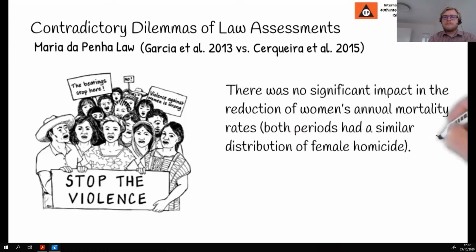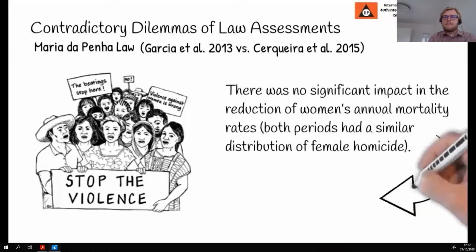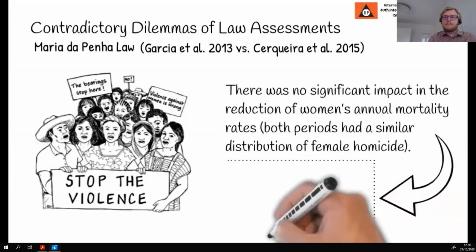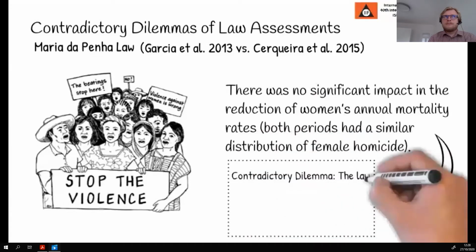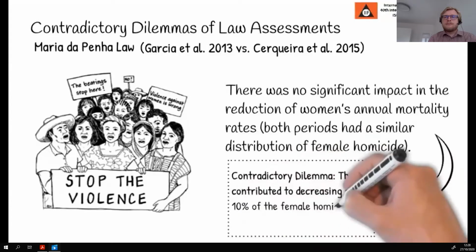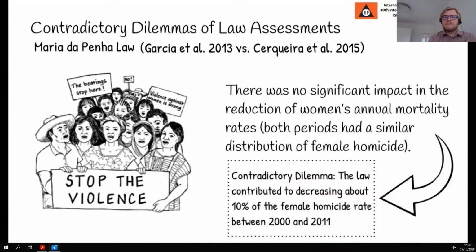But as pointed out later by Cerqueira and colleagues in 2015, this conclusion was affected by a contradictory dilemma, because the similarity in both of the periods before and after the law was imposed was actually due to a decrease of about 30% in the female homicide rate between 2000 and 2011, which implies that the Maria da Penha Law was responsible for preventing thousands of cases of domestic violence in the country and not otherwise.